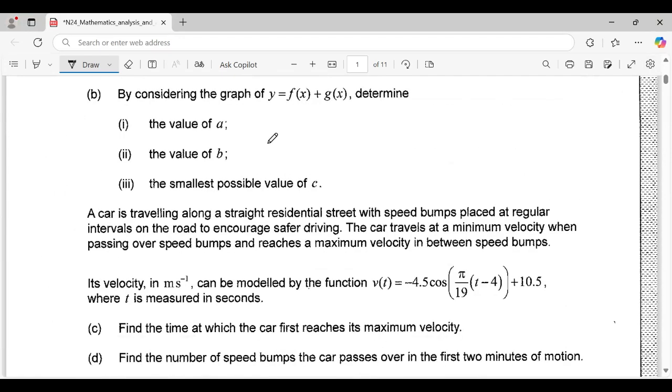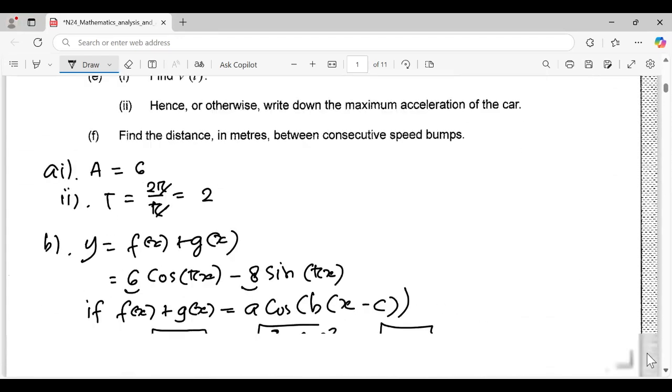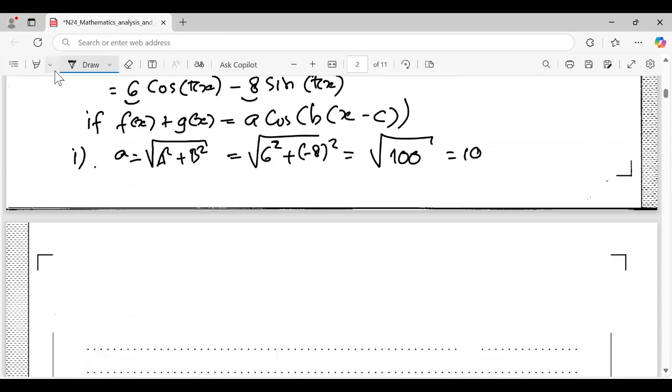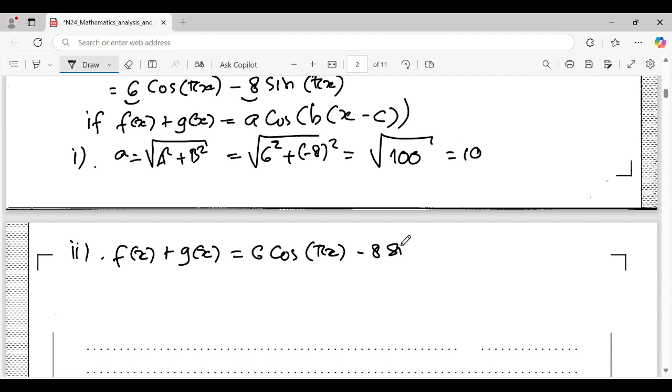Next question, the value of b. We're going to find the value of b. I'm going to write f(x) plus g(x): 6 cosine pi x minus 8 sine pi x.